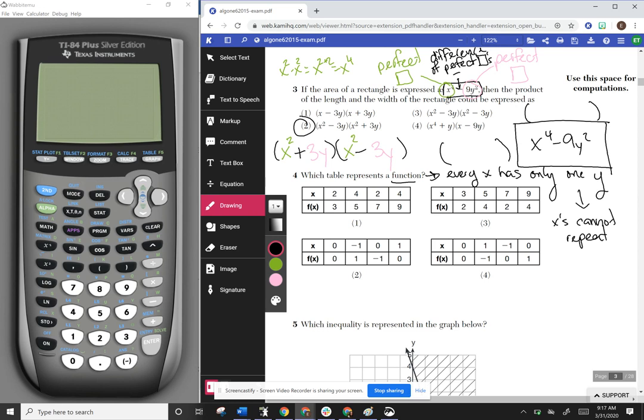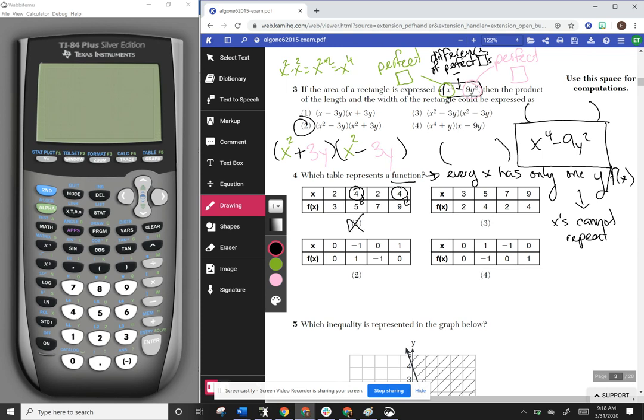Okay, so if we look at option number 1, we see 4 appears twice in the x, and 4 has a y value, or sometimes they write it as f of x, that's okay. So 4 has a y value of 5. 4 also has a y value of 9. So the x value of 4 has 2 y values. So it cannot be 1.